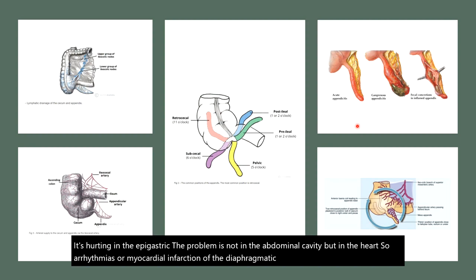They're going to be more prone to a perforation. Before perforation, we have a stage called gangrenous appendicitis. And after that, we have the perforation that will continue with peritonitis and septicemia and death of the patient.